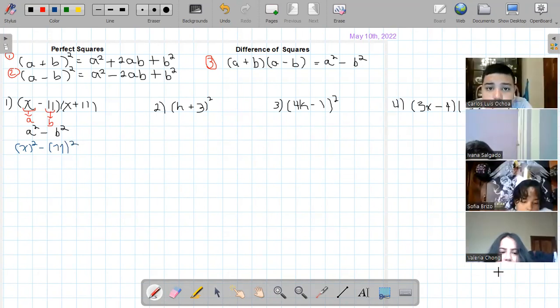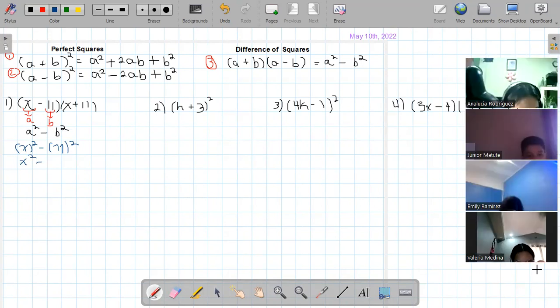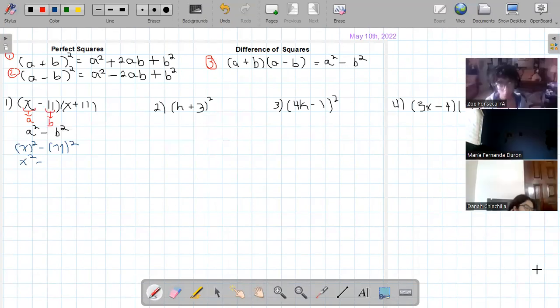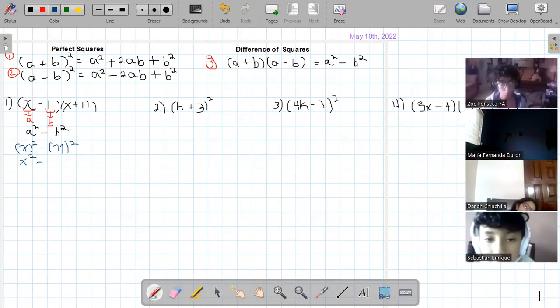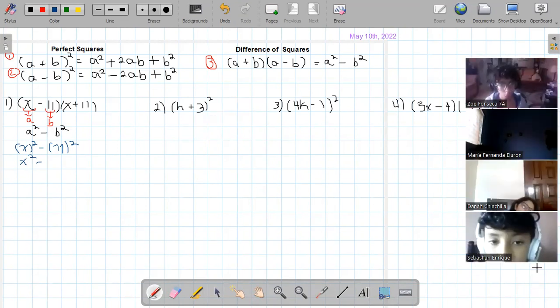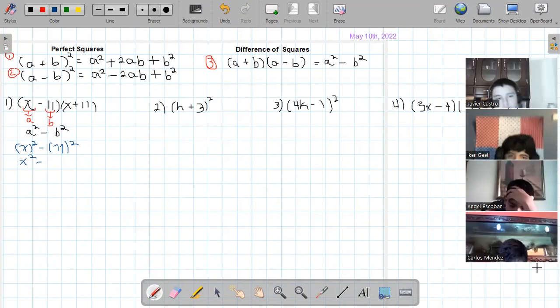How much is X to the square? X squared. Minus, how much is 11 to the square? You need to simplify. Negative 22? Nope, it's not 11 times 2. How much is it? 11 times 11. How much is that?